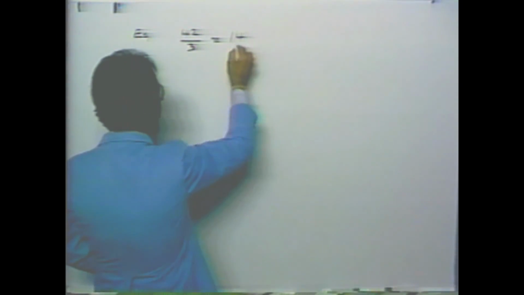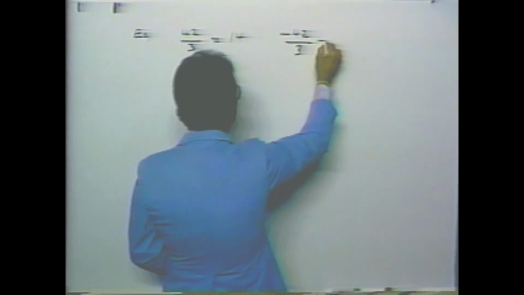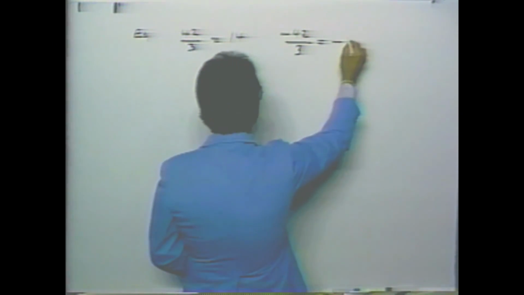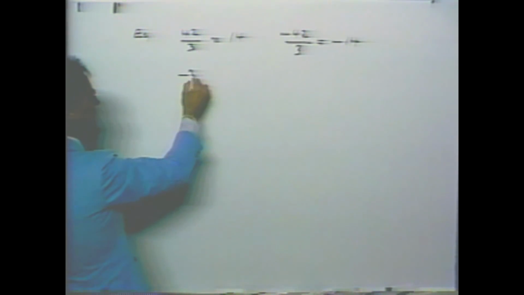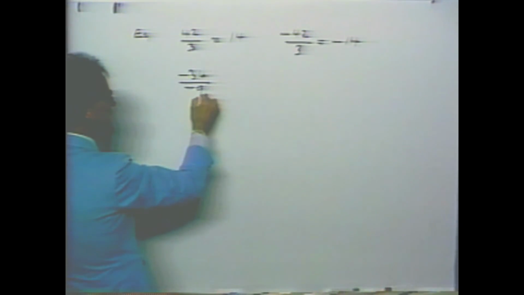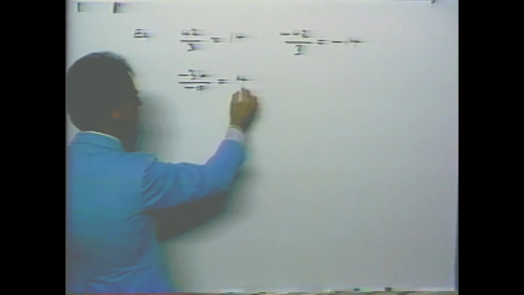Here are more examples. If we have 42 divided by 3, the result is equal to 14. Negative 42 divided by 3 would equal negative 14. If we have negative 36 divided by negative 9, the answer is positive 4.